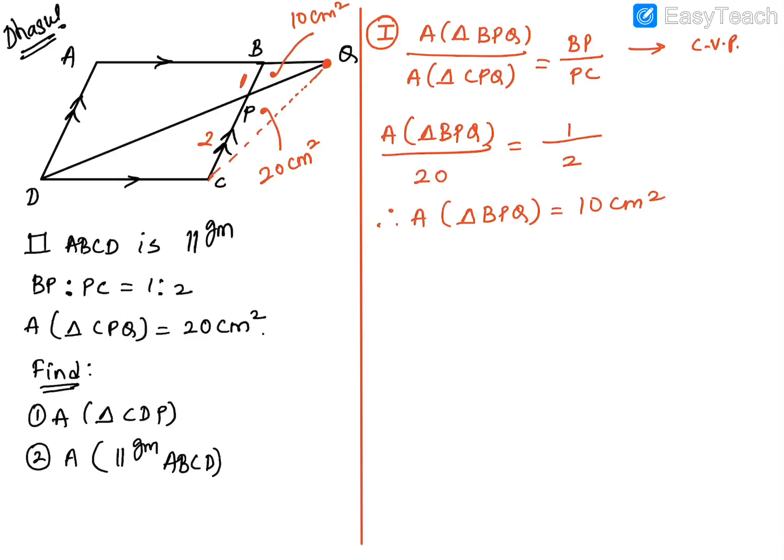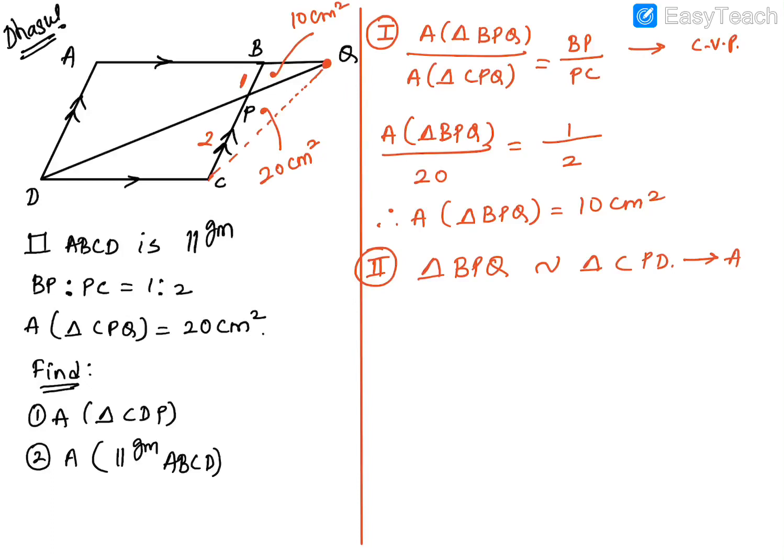Now, next part. Okay, now we have to find area of what? CDP first. Okay, we are not even asked BPQ. We are asked to find area of triangle CDP. Now, the second phase of this problem. Now we'll prove that triangle BPQ is similar to triangle CPD.